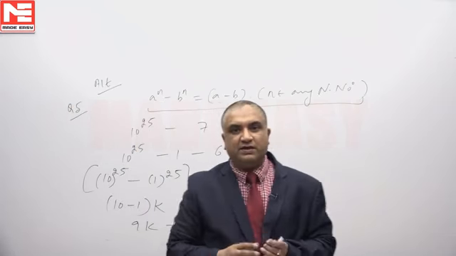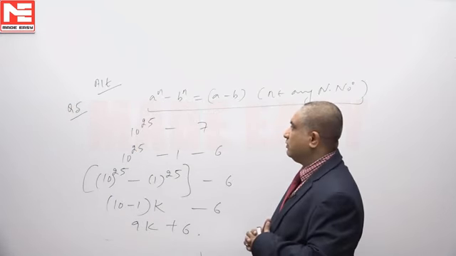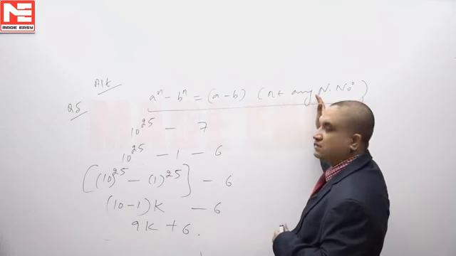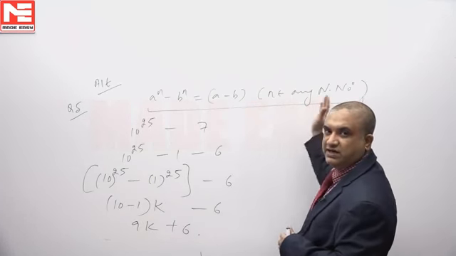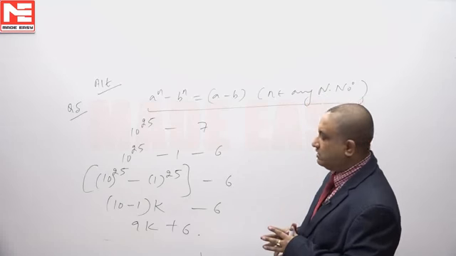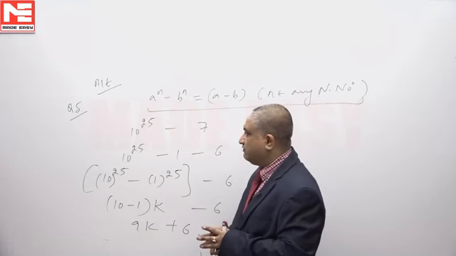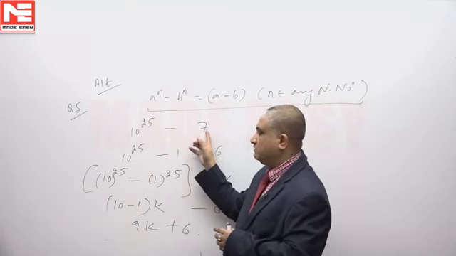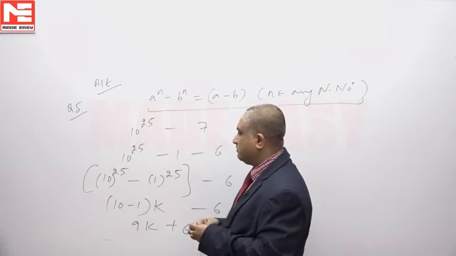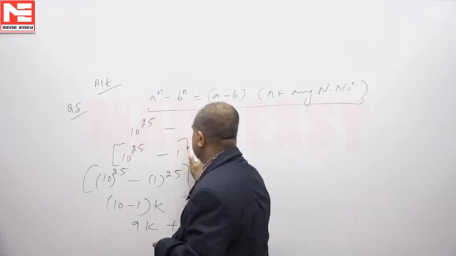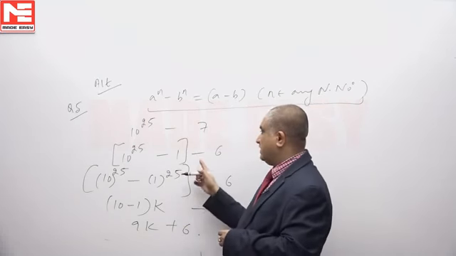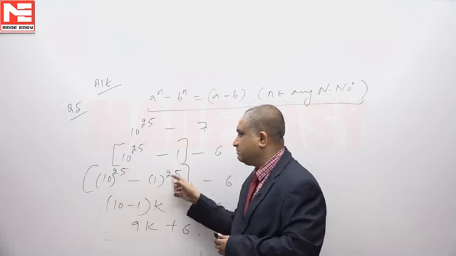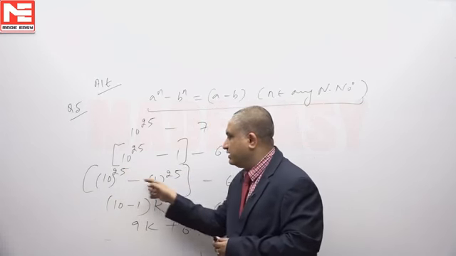Let me clarify what I mean: a^n minus b^n will always have a factor of a minus b whenever n is a natural number. It will hold true for any natural number. So 10 raised to the power 25 minus 7 can be written as 10 raised to the power 25 minus 1 and minus 6, which is of the form a^n minus b^n.